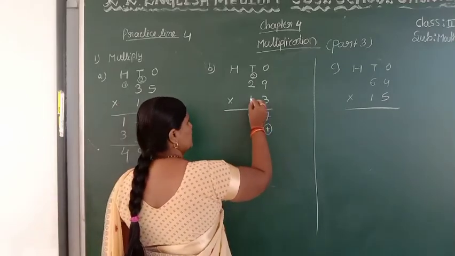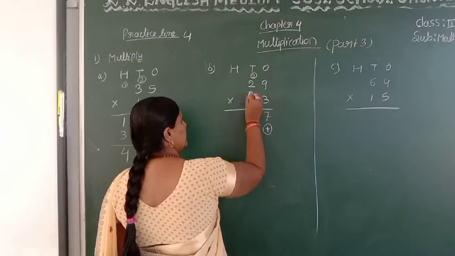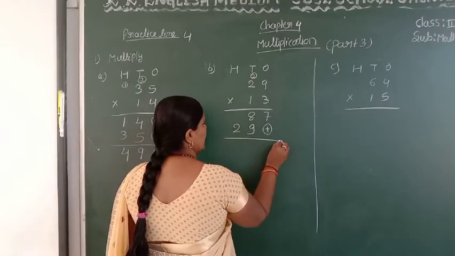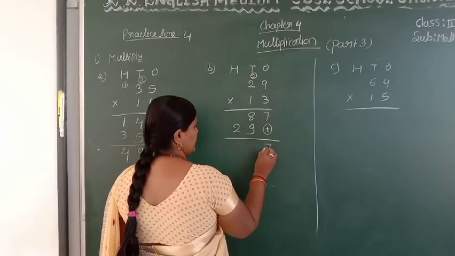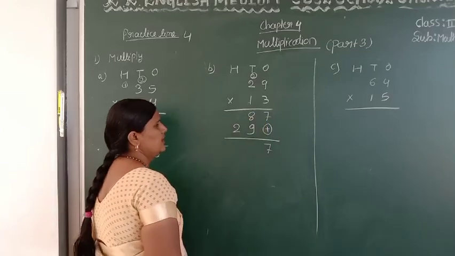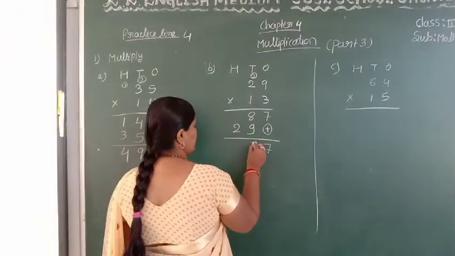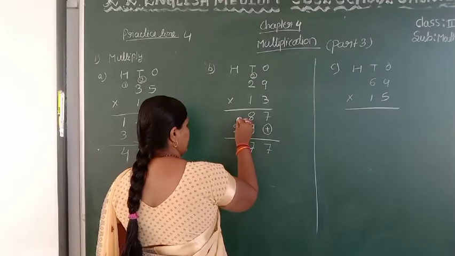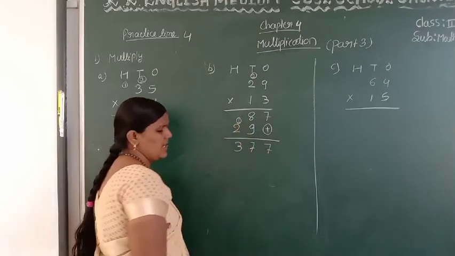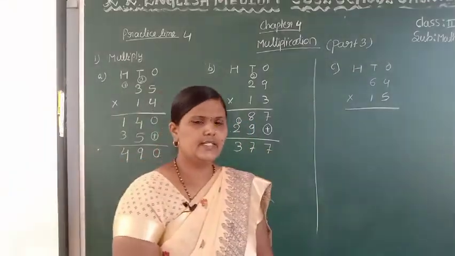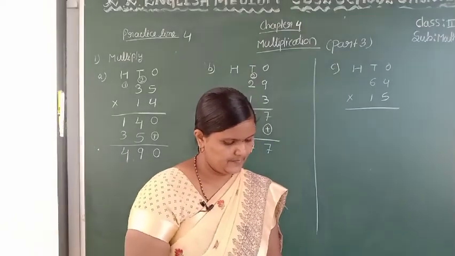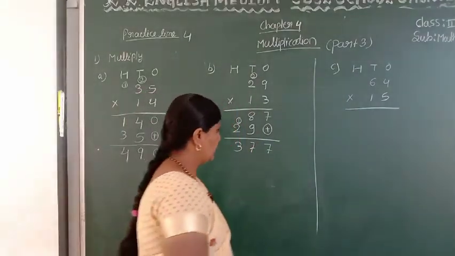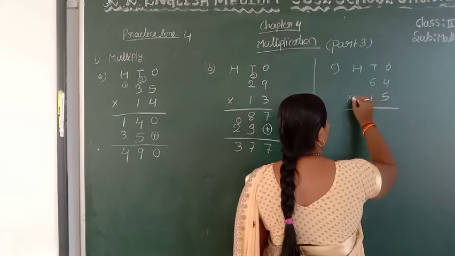Plus 1 into 9 is 9, 1 into 2 is 2. Answer is 7, write as it is. 8 plus 9 is 17. Write 7 and 1 carry. 1 plus 2 is 3. Answer is 377.